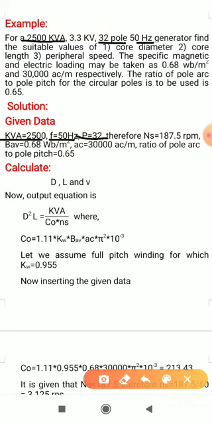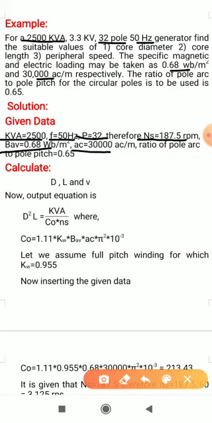So at 50 Hz frequency and 32 poles, if we calculate Ns by using Ns equals 120 f by P, we will get Ns equal to 187.5 RPM. The specific magnetic loading is 0.68, that is Bav. Specific electric loading is 30,000, that is ac.